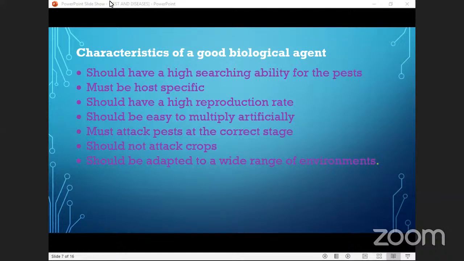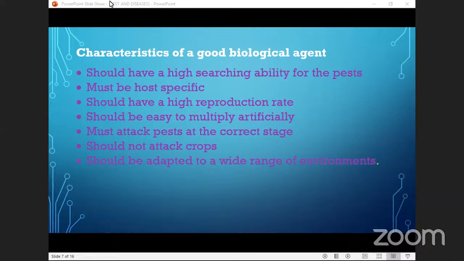The other point, the biological agent should be easy to multiply artificially. You should be able to multiply it, but if you are not able to multiply it artificially, it may not be effective in controlling the pests.